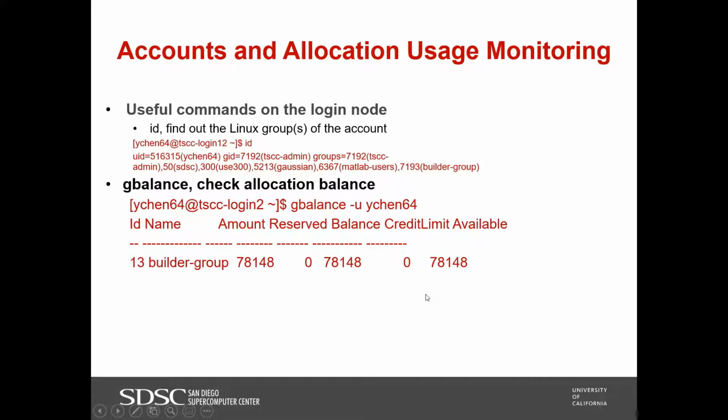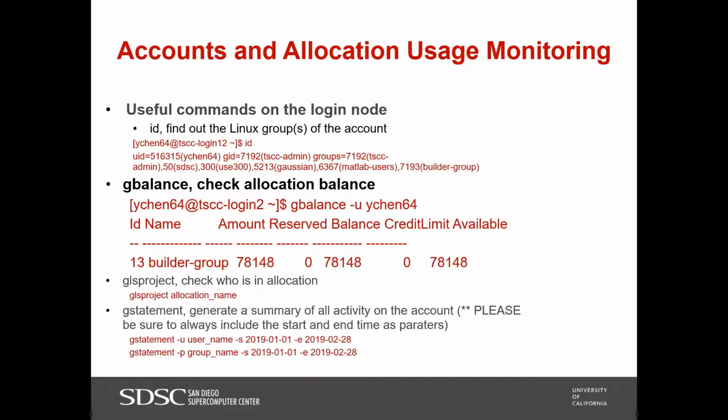If I'm running some jobs, I might see some numbers change under the reserved column. But in general, you can get to know your allocation name as well as your SU balance in your allocation.